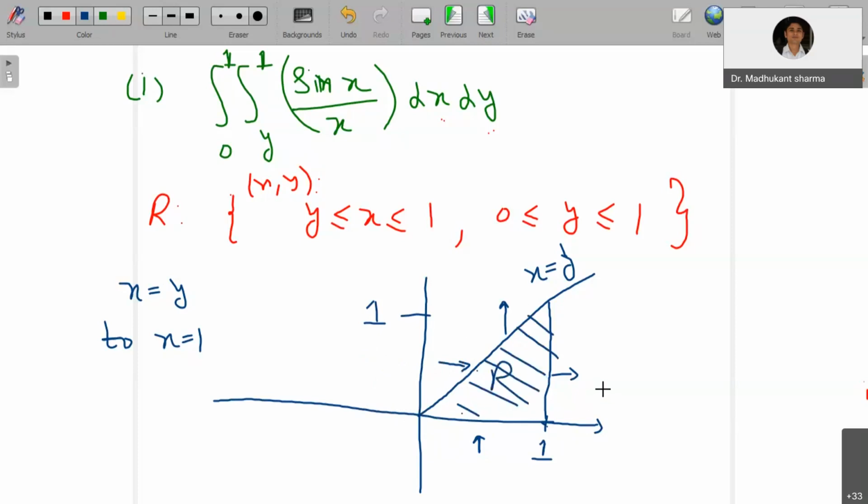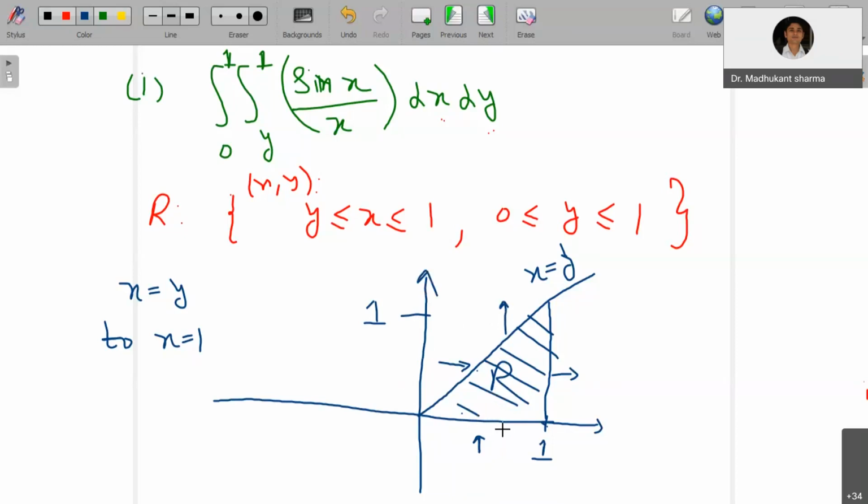Can we find equivalent limits for this? Of course, yes. Looking at the variable limits again, for y you draw a straight line parallel to the y axis.